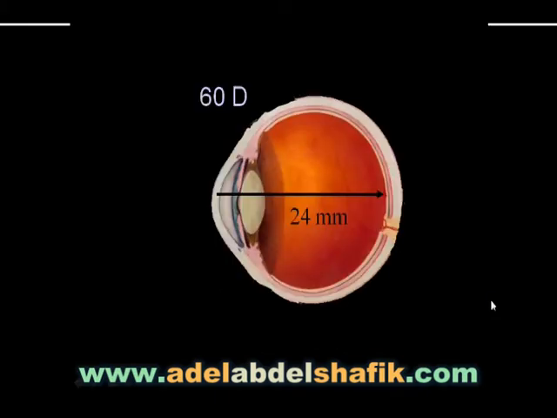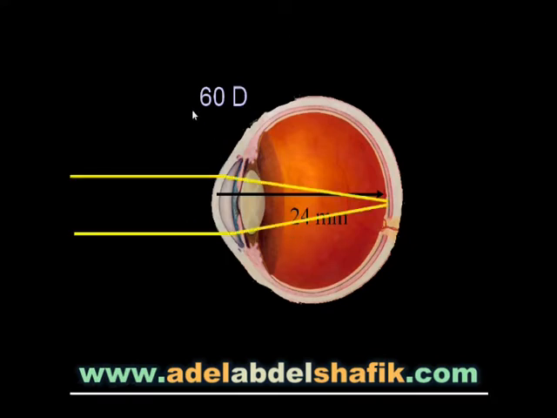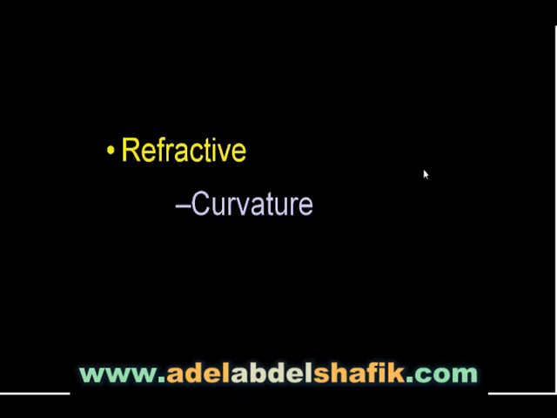So imagine that the power of the eye, instead of being 60 diopters, is 61. In such a case, the focus will be in front of the retina. Refractive myopia can be due to curvature or index myopia.